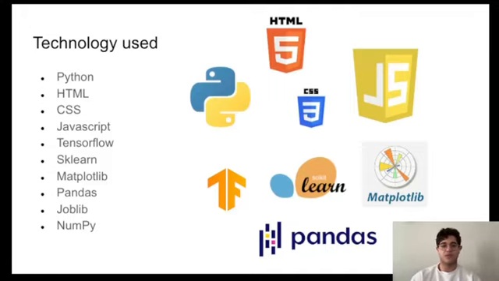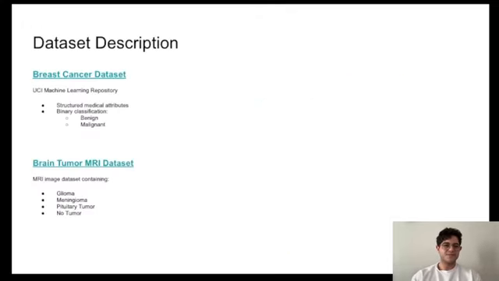We have HTML, CSS, and JavaScript that help us with the general interface and how it works in the backend with the neural networks. And then we use a bunch of Python libraries such as Pandas, NumPy, and Joblib to help us get where we need to go.